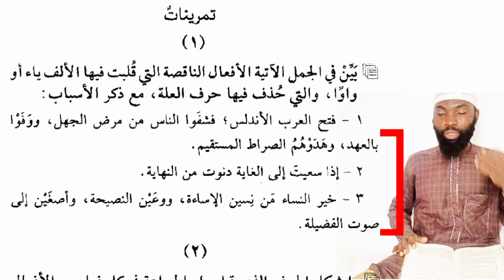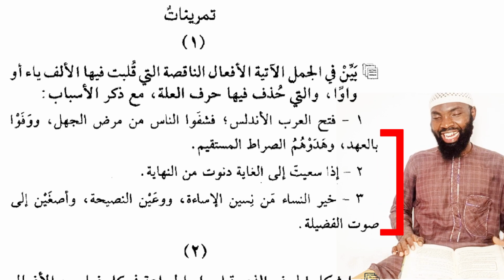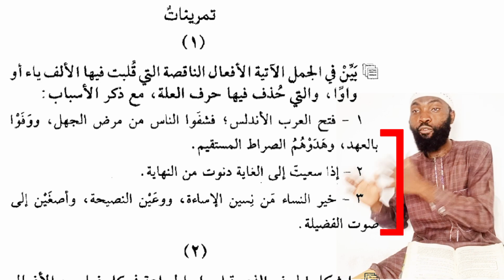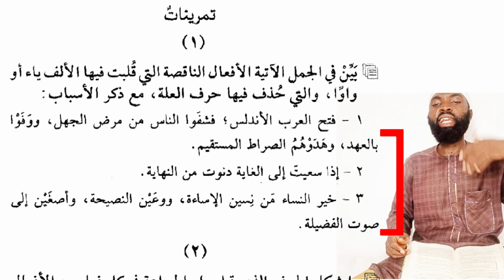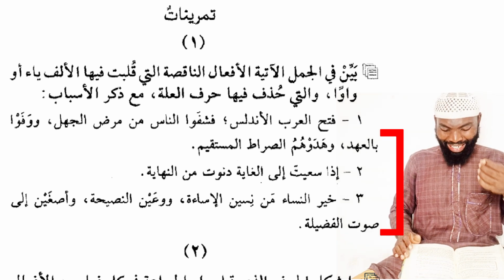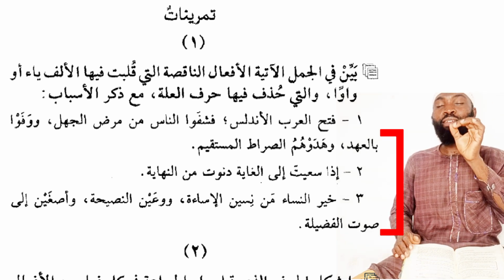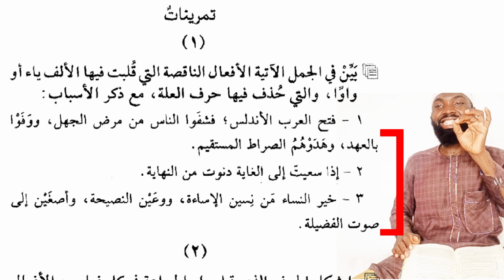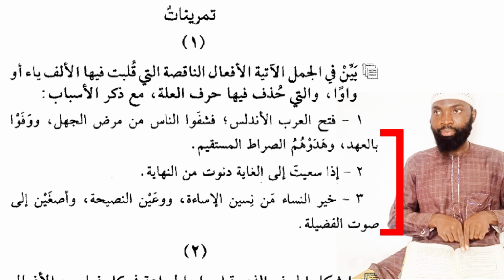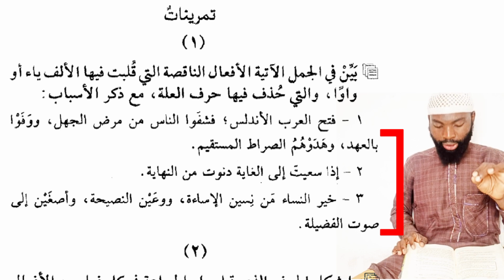Number 3, we have khairun nisa'i man nasayna al-isa'a. Khairun nisa'i, the best of women are the type of women who forget the evil act that's been done to them. So we have nasayna here from the word nasiya. So you can see that the noun is simply attached to it.